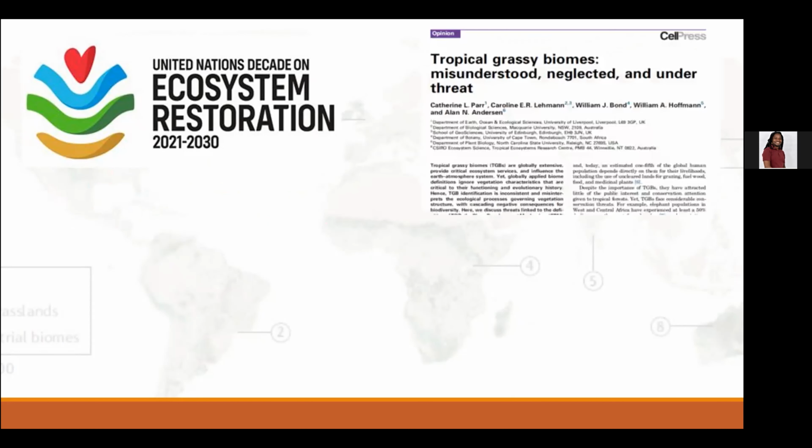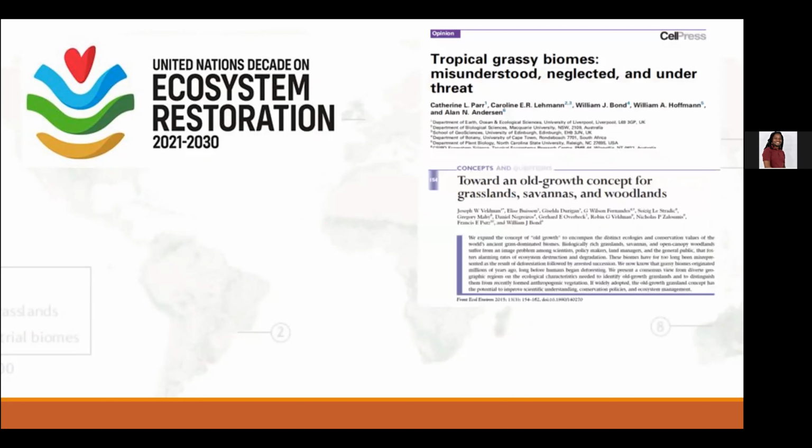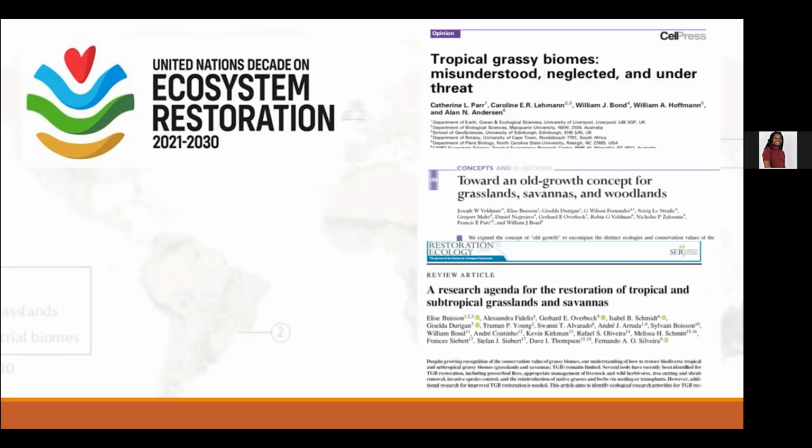So key papers have been coming out highlighting this issue. There's, for instance, this one by Catherine Parr. There's this one by Joseph Feldman, who talks about how we should treat grasslands in the same sense that we treat forests, that grasslands are a valuable ecosystem that's ancient, not recent or degraded.